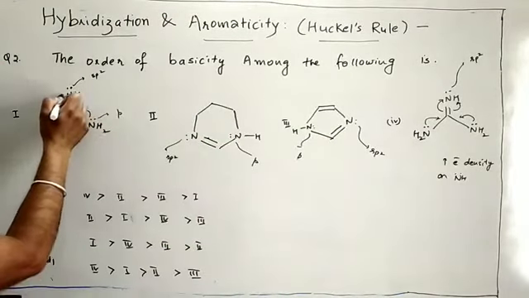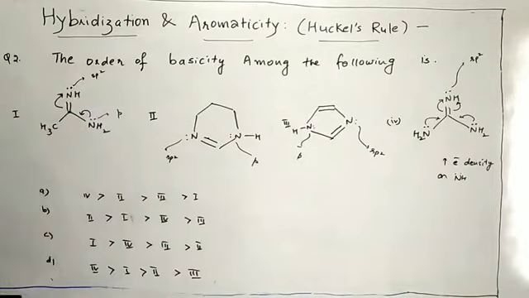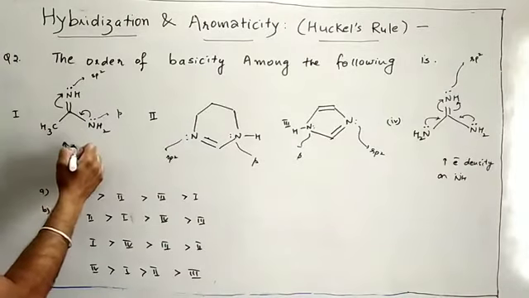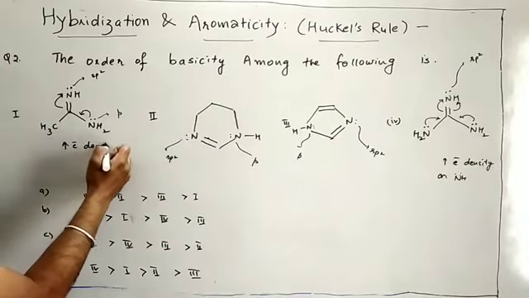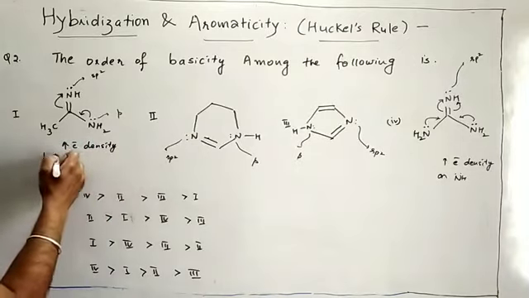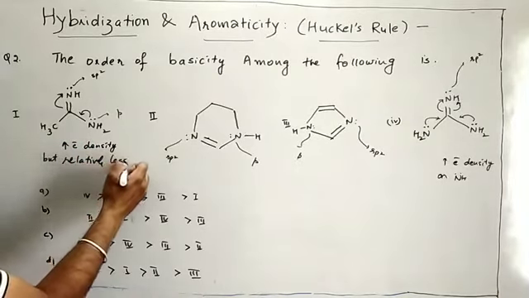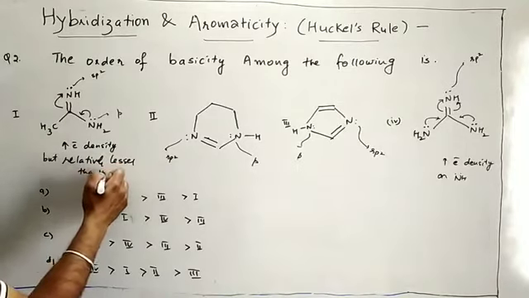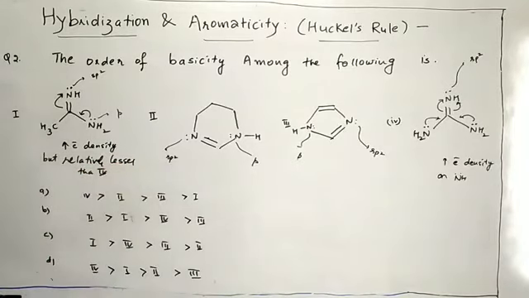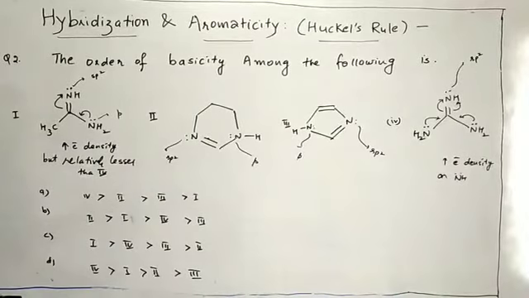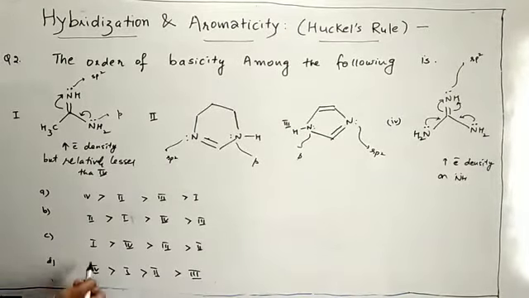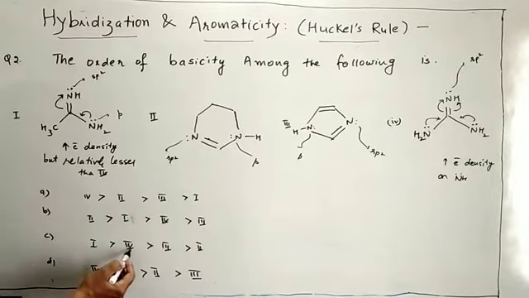It also increases electron density but in a lesser amount, relatively lesser than 4. It means 4 is more basic than 1. 4 is more basic than 1 here. Here also 4 is more basic. Here also 4 is more basic.